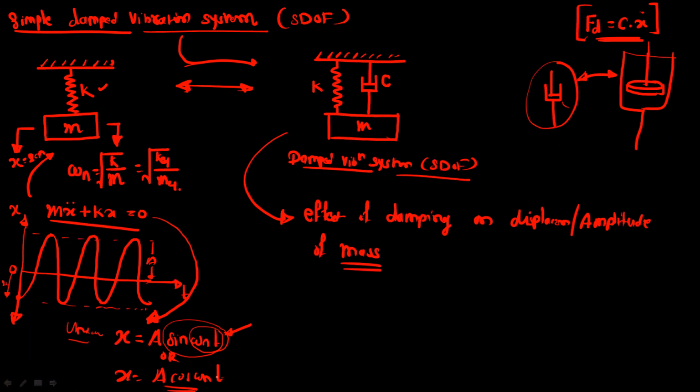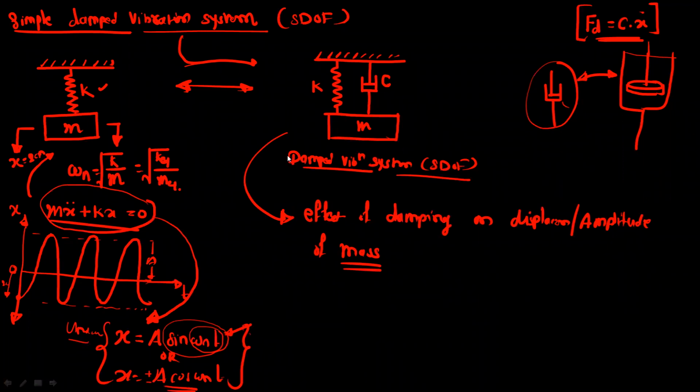And cos 0 is 1. Therefore, this equation is plus or minus A cos omega n t. In order to get this equation, we need to solve the differential equation. So this is for the undamped vibration.